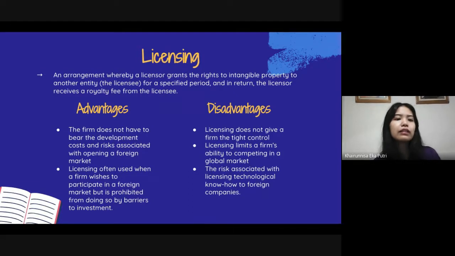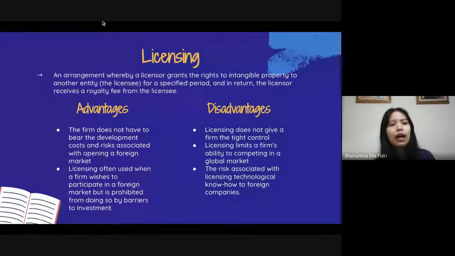Now the disadvantages of licensing. First, it doesn't give a firm the tight control of manufacturing, marketing, and strategy that is required for realizing experience curve and location economies.